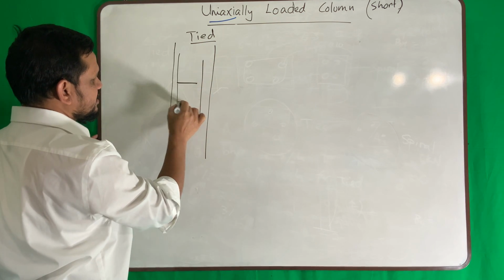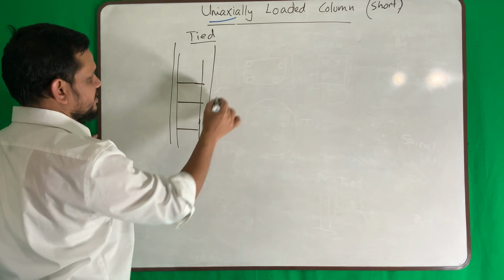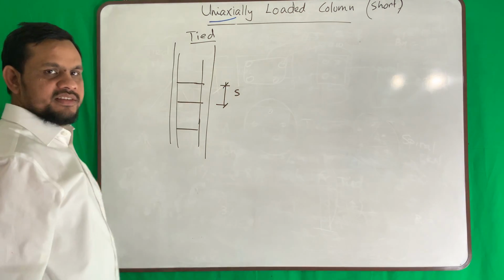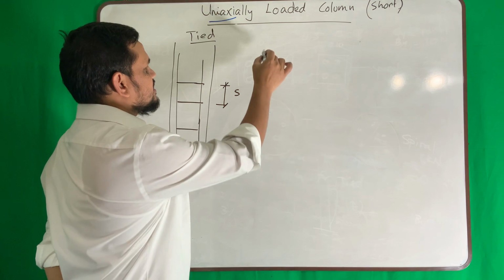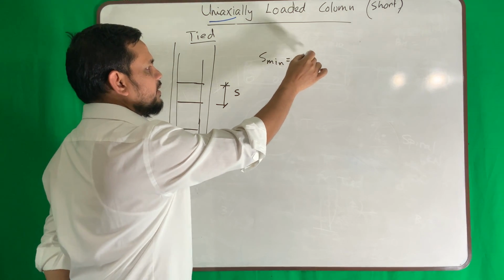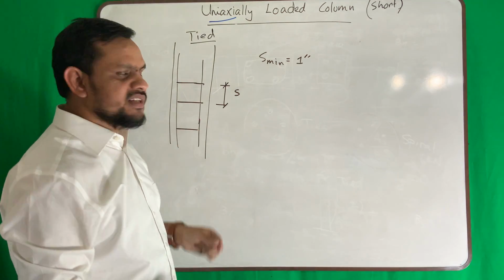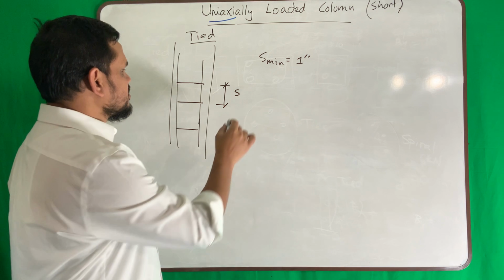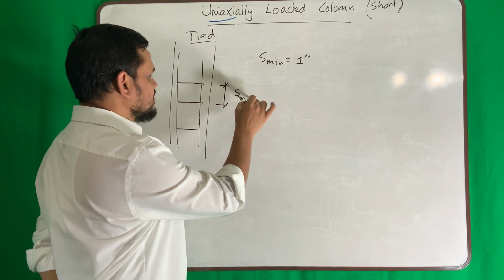What should be the spacing of this? This is spacing. Obviously, minimum is 1 inch, because if it is less than 1 inch, your aggregate will not go through. So minimum 1 inch. So what is the required or maximum spacing?